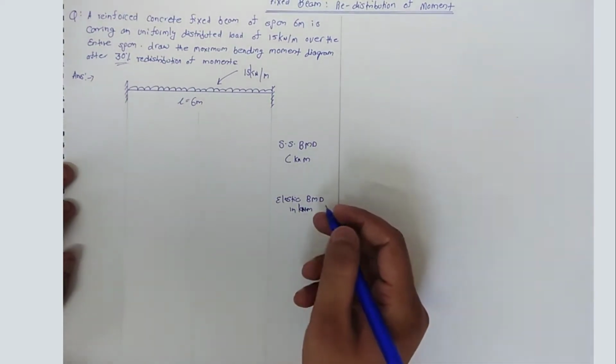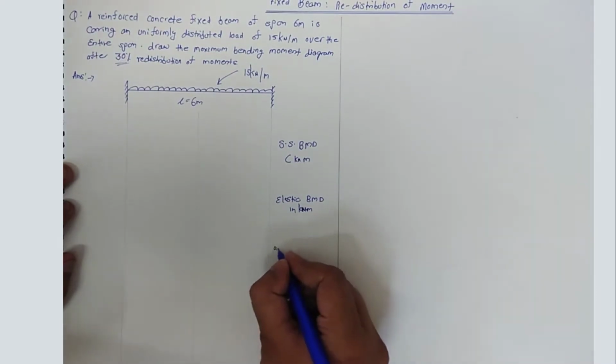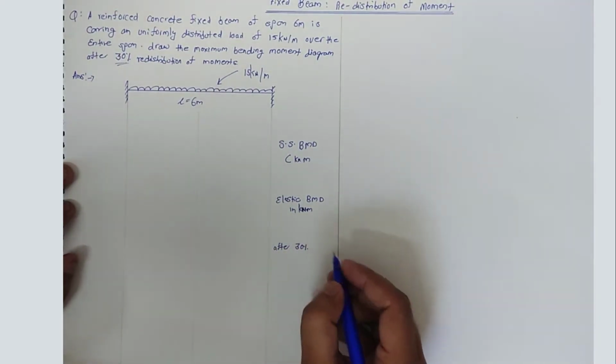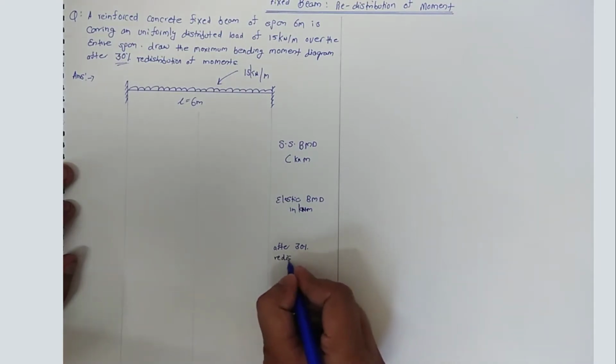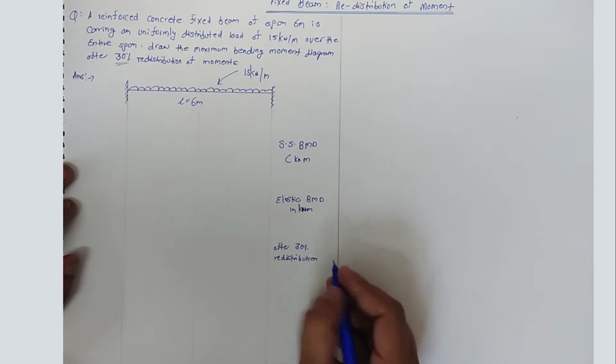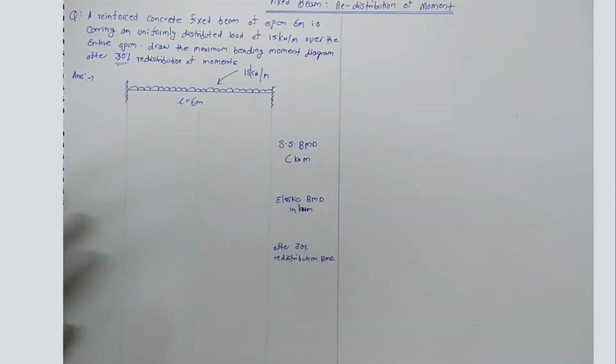And then the 30% redistribution BMD. And finally the combined one, which will be overlapped.